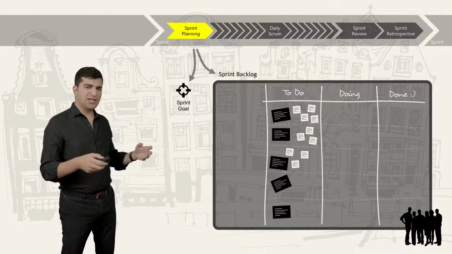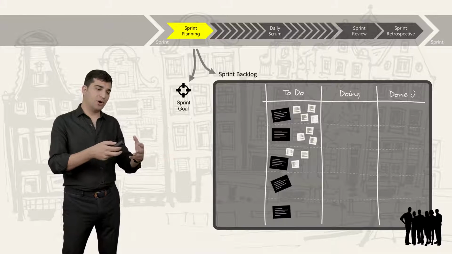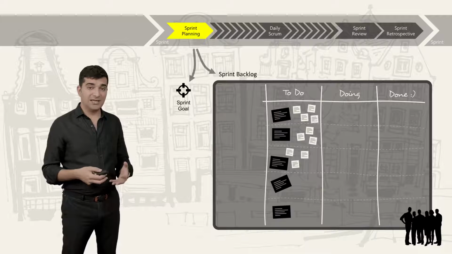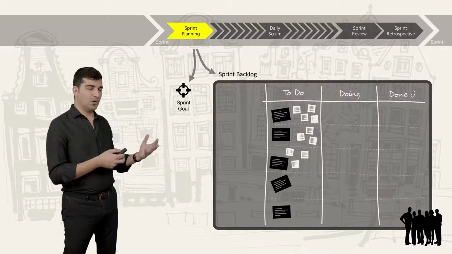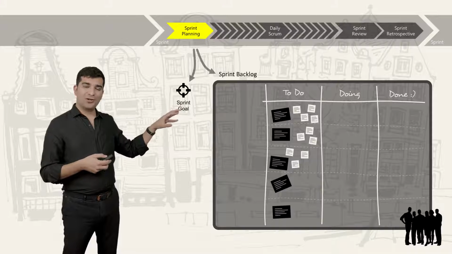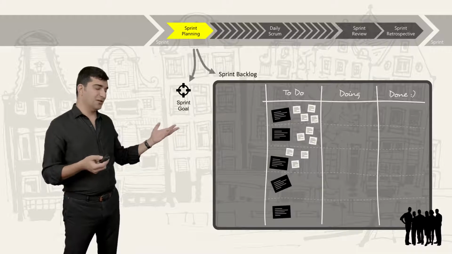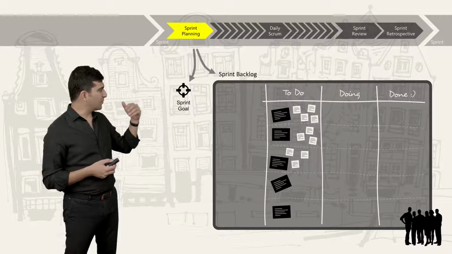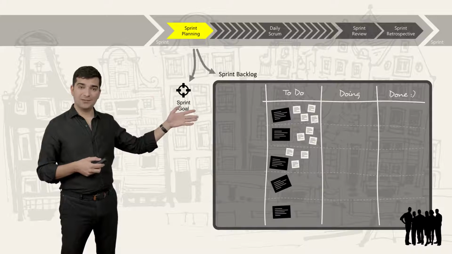It can be a board. Everything that we have here in the Scrum are usually and preferably on boards. They can be whiteboards or some other type of board. And the items here are usually sticky notes or index cards. Okay? So we put the items there in the sprint backlog.